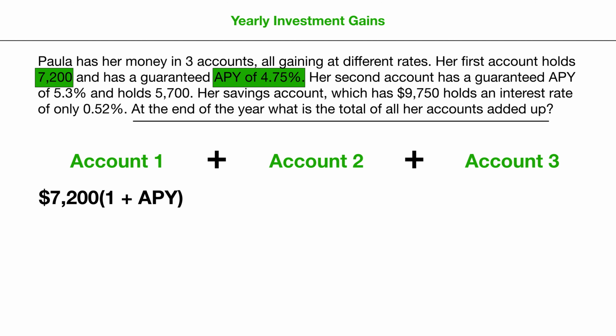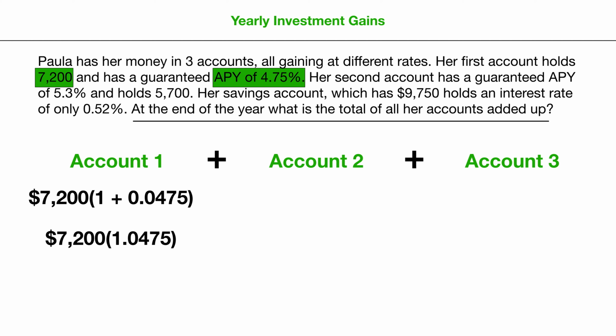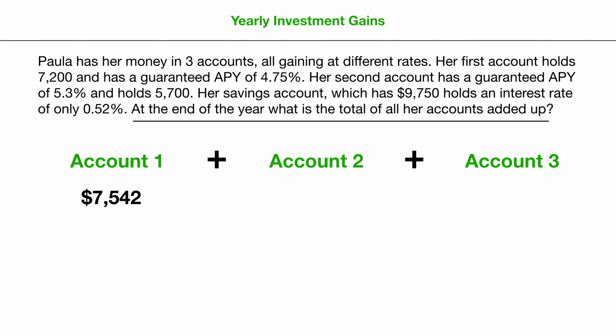You're going to multiply 7,200 times 1 plus the APY, and we have to find that APY multiplier first. 4.75 divided by 100 gives you 0.0475, and you add that number to 1 to get your whole account multiplier. So 7,200 times 1.0475 gives you $7,542 at the end of the year after the yearly gains have been added.